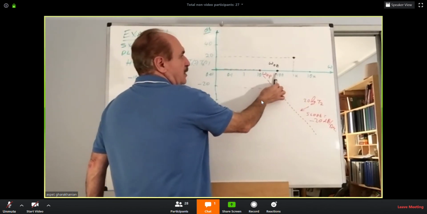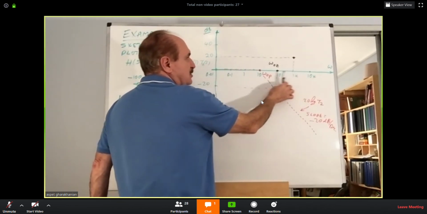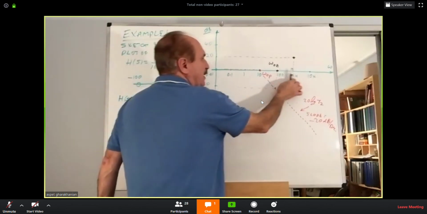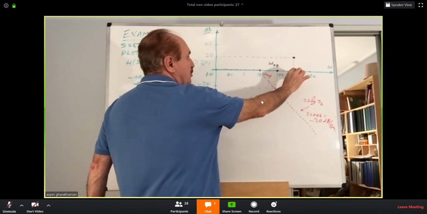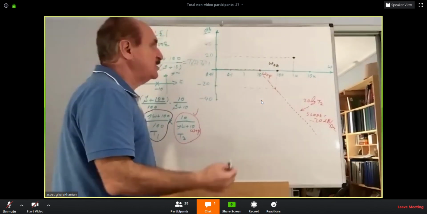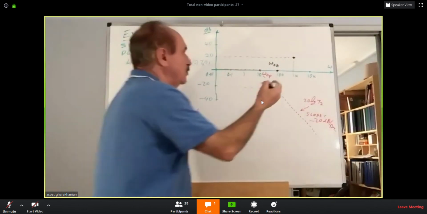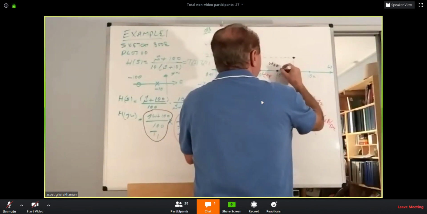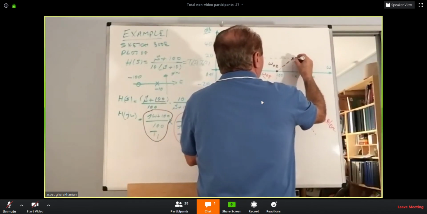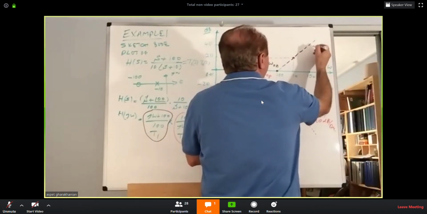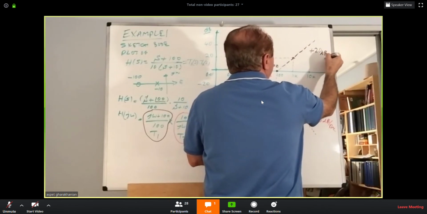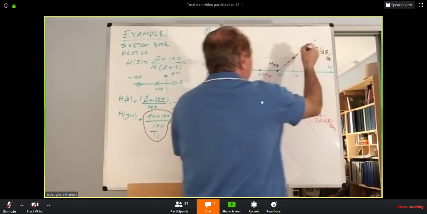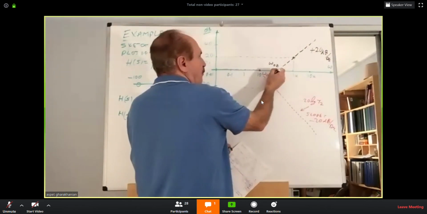So decade, 1000 is 10 times of the 100. 1 decade increase in the frequency is causing 20 dB increase in the gain. So construct the slope. This slope is now positive 20 dB per decade. Then mark this 0.